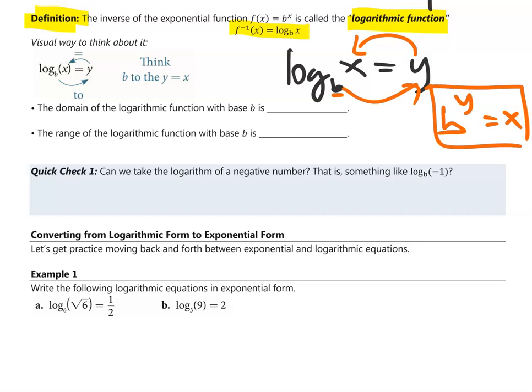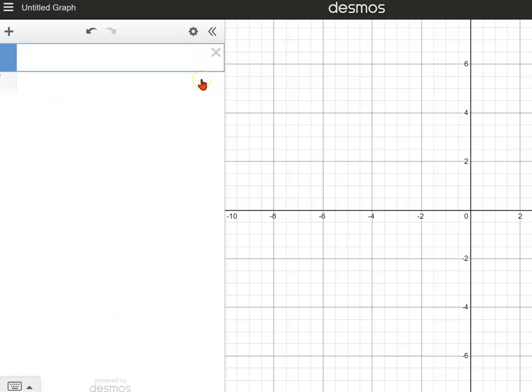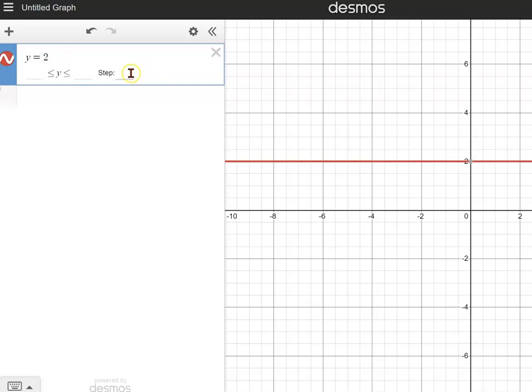Now, how do we get our domain and range of a logarithmic function with a base b? I'll show you a graph of an exponential function using decimals. Let's say y equals 2 raised to x.